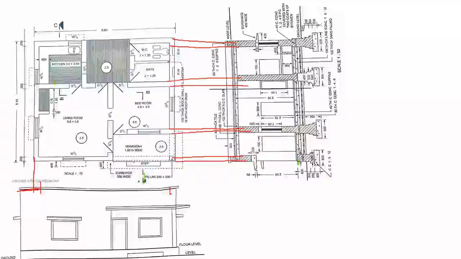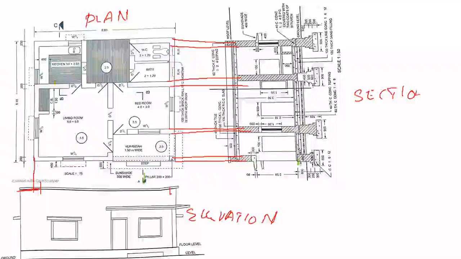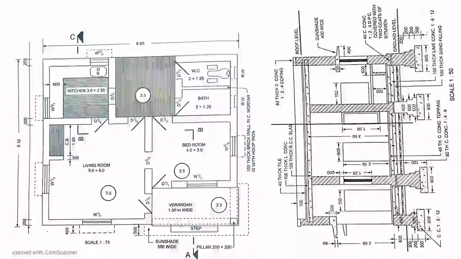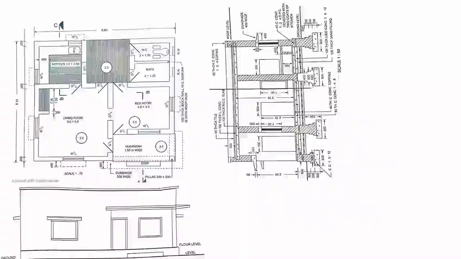Okay? So this is your plan, your elevation and your section. So the section is A, B, B, C, and your direction is, you are viewing from this side. Okay? So same thing, just for your understanding. Thank you.